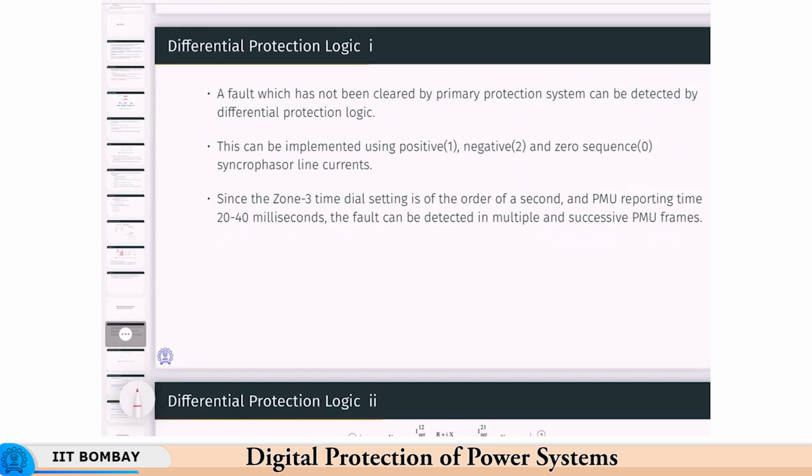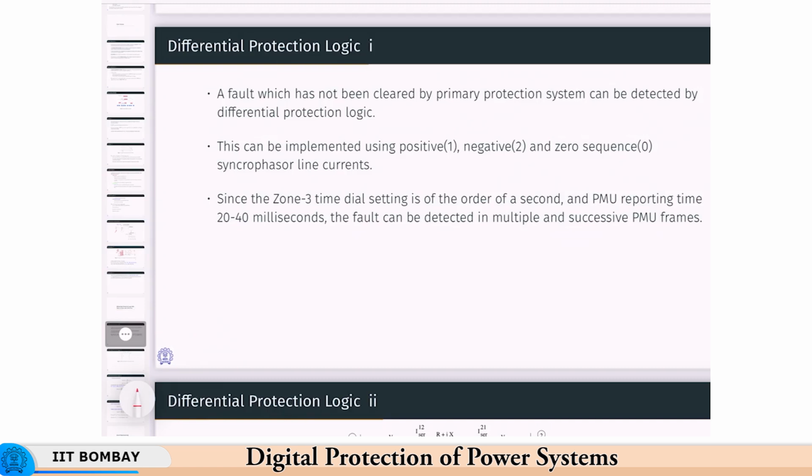Now, this can be implemented by using either positive, negative or 0 sequence currents or all of them also. Okay. So, a fault which has not been cleared by the primary protection can be detected by the differential protection logic. You have PMUs at two ends, we are getting the current phasors. So, those can be compared using their sequence components.